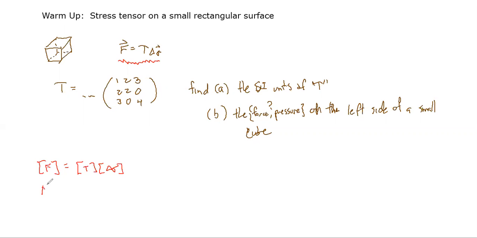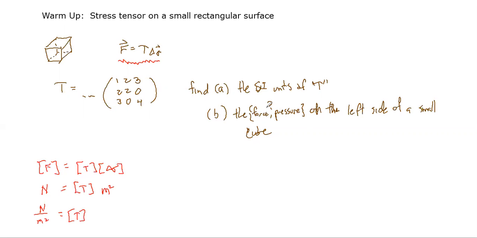Newtons. Yeah, just plain old ordinary newtons. And then what about this d sigma or delta sigma? What are the units of that? Meter squared. Yep, meter squared. So the units of the stress tensor are newtons per meter squared.